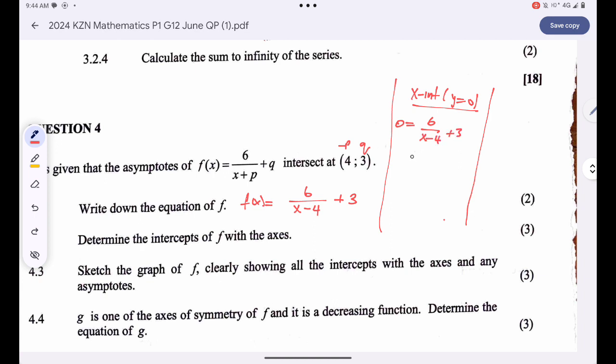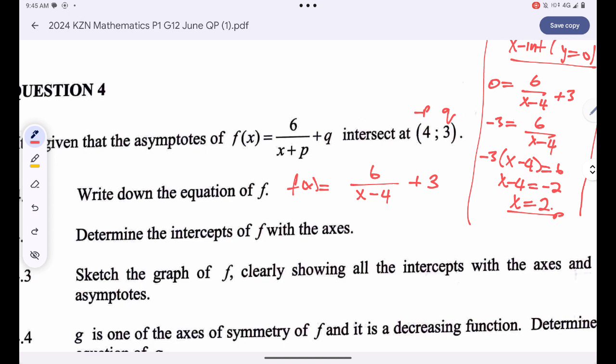If I take the 3 to the other side, it will be negative 3 is equal to 6 over x minus 4. I can cross multiply. That's negative 3 times (x minus 4) is equal to 6. I can divide both sides by negative 3. I'll end up having x minus 4 is equal to negative 2, and then x is just equal to 2. Then for my x-intercept, I know that x is 2 when y is 0.